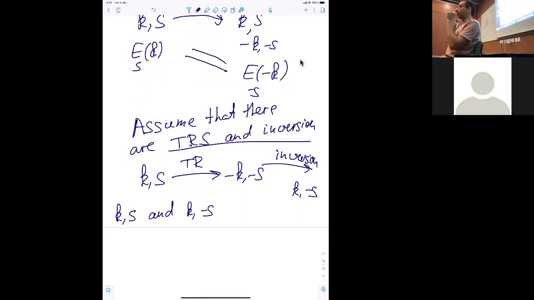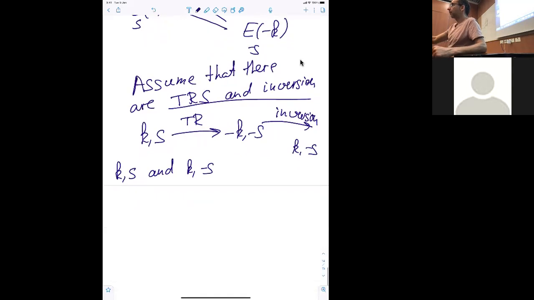So it means that the point K in the phase space is doubly degenerate. And that's correct for any point in the phase space. Therefore, all my bands must be at least doubly degenerate.